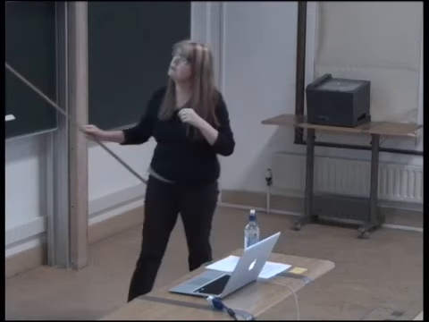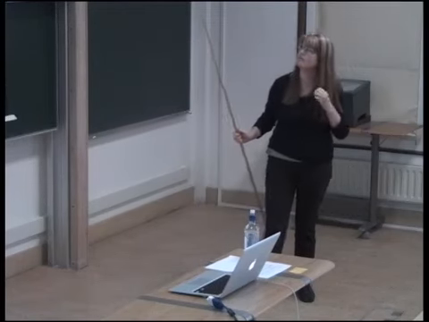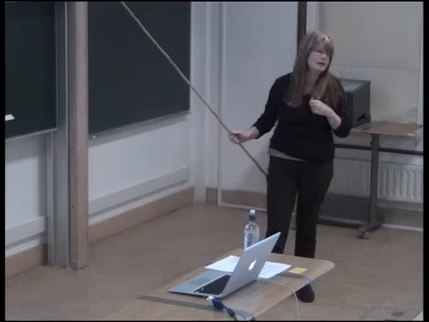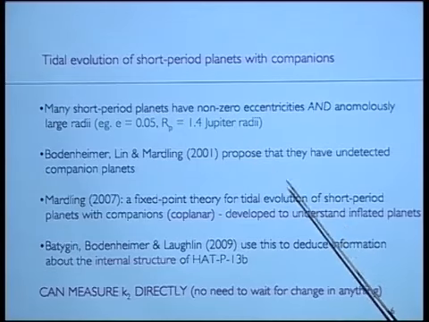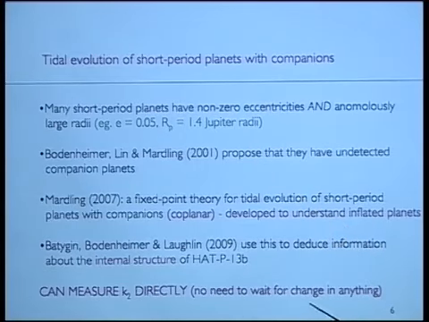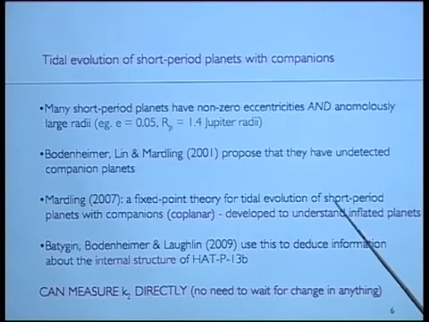A key to the story is that that theory is coplanar, but that hasn't stopped people using it. I had in mind in particular to understand something about these inflated planets. But someone called Darren Ragozzine, perhaps I'm not pronouncing his name properly, realised that one could use this theory to actually infer something about the structure of a short period planet.